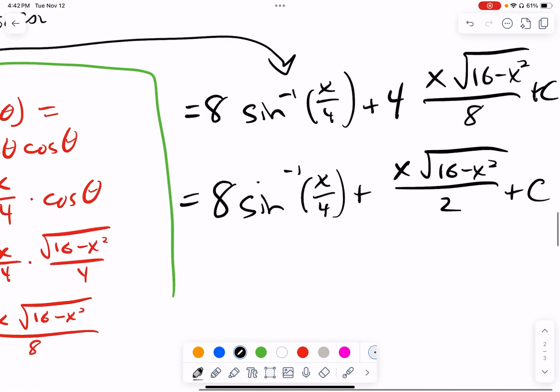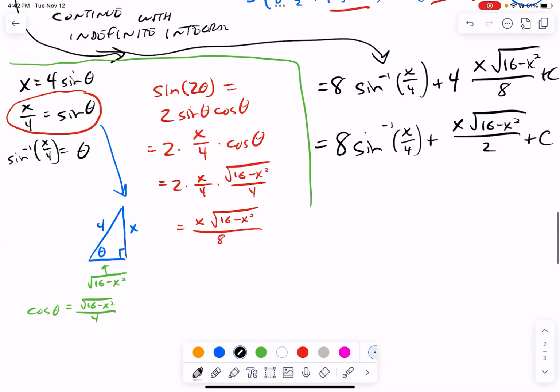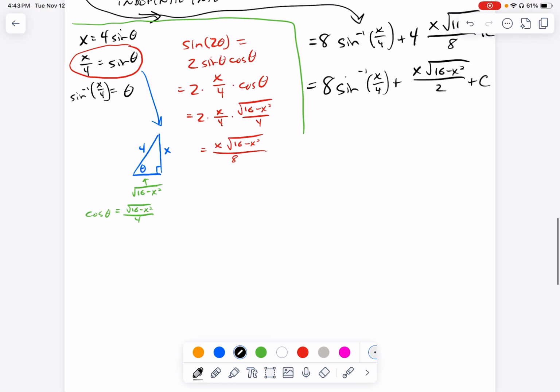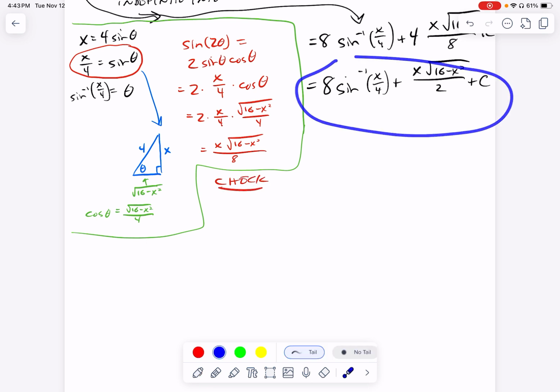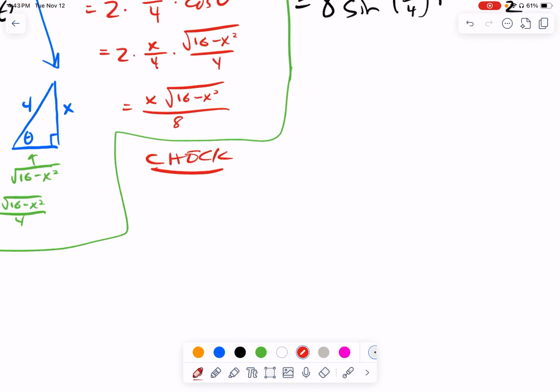Since we've come this far, let's check it. And I'm going to put this in the video. I don't know if I will do it in class, but let's actually try to check this thing. So let me separate this off. This is all just kind of my scratch work. So I want to check. So if y were equal to this whole thing, what would y prime be?